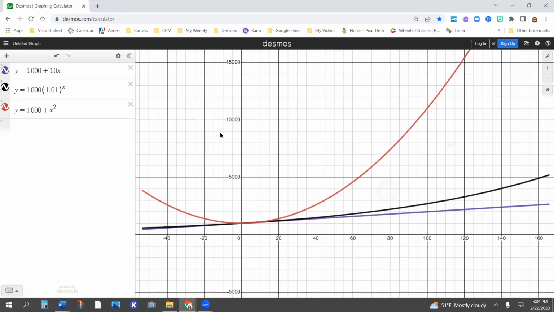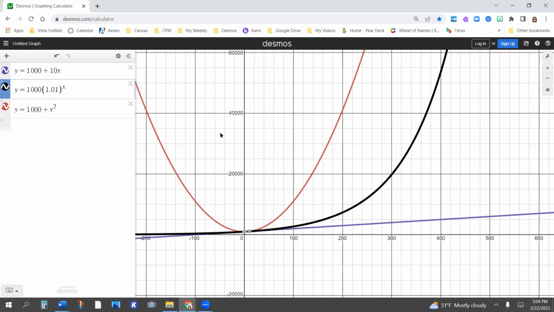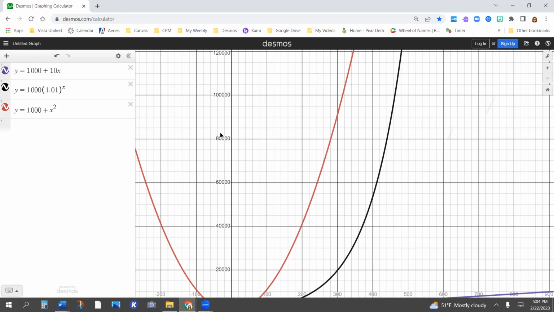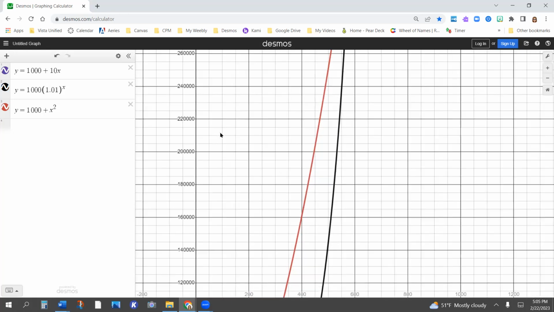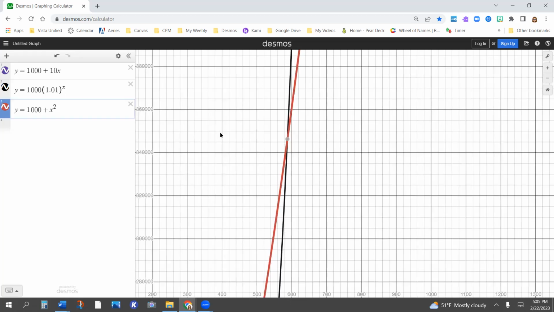As I'm looking at it, it looks like the parabola is going to be the best, but it depends on how many months, because eventually the black one, which is the exponential, is going to end up meeting it. That's going to be in 587 months.